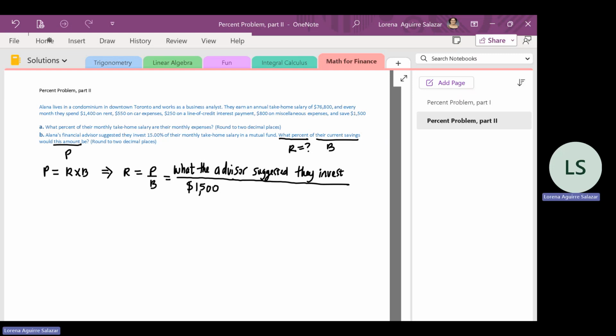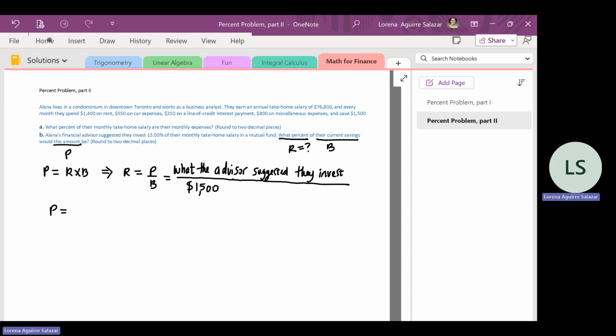To find how much the advisor suggested they invest in the mutual fund, we need to find the percentage of a quantity. Because the financial advisor suggested that Alana invests 15% of their monthly take-home salary in a mutual fund. So we need to find this P, that is what the advisor suggested they invest. We need to find 15% of Alana's monthly take-home salary.